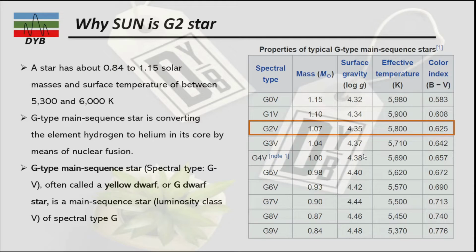When it passes through all these criteria, we define the sun as a G2 type star.